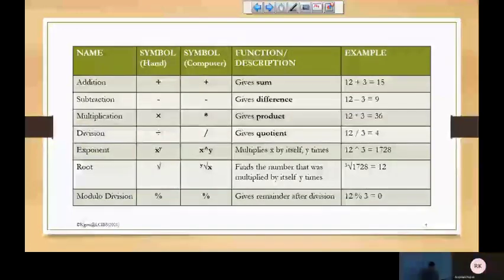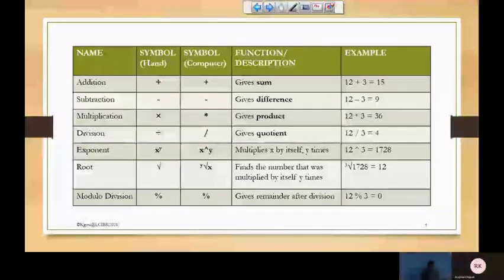Right. And we will also see that for the exponent, x to the power y, we would sometimes use that cap symbol there to say x, cap, and then y. That means x to the power of y. For the root, you'll find that this is how it's often displayed.